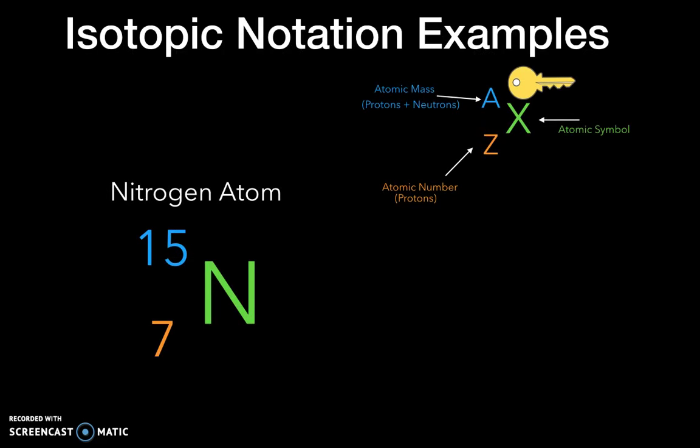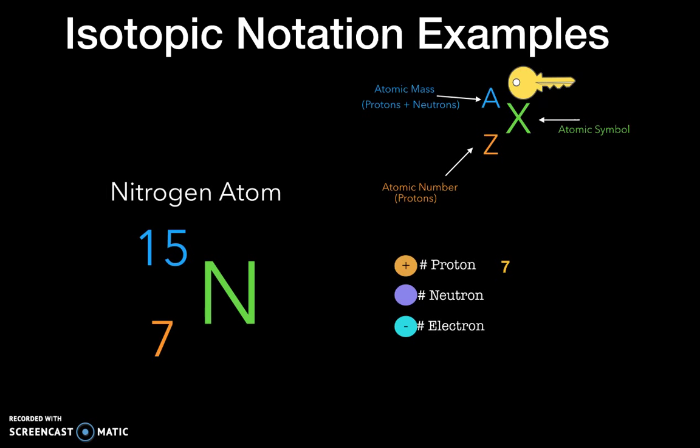Lastly, what if we have isotopic notation and we want to figure out how many protons, neutrons, and electrons we have in this given atom of nitrogen? The first thing you want to remember is our number of protons is our atomic number, which is the number on the left corner. So our number of protons for this nitrogen atom is going to be 7.